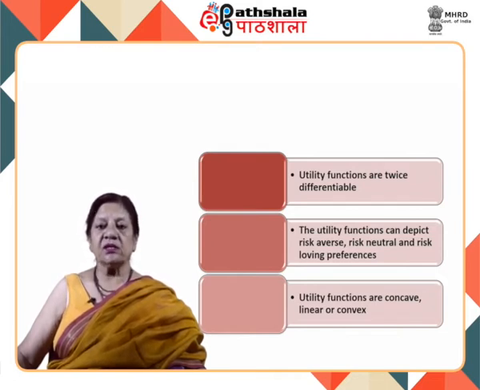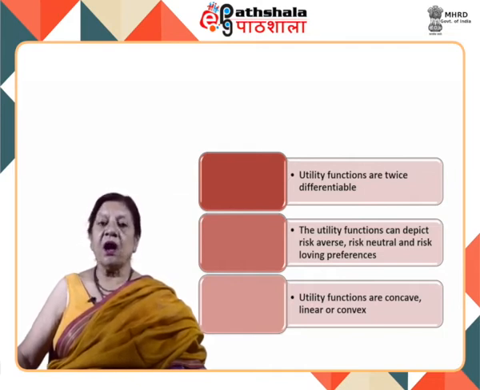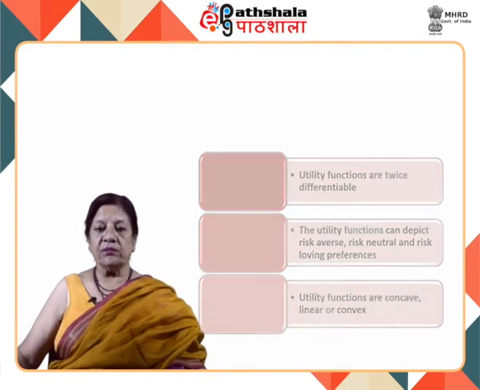On the basis of the assumptions made, it is possible to show that the utility functions can depict risk averse, risk neutral and risk loving preferences according to whether the utility functions are concave, linear or convex with respect to the size of the outcomes.